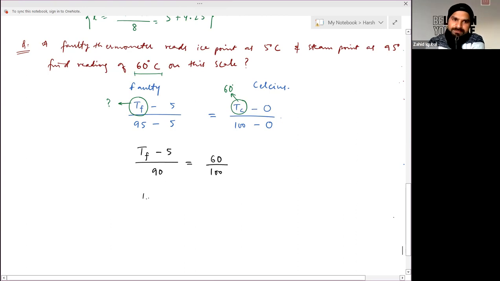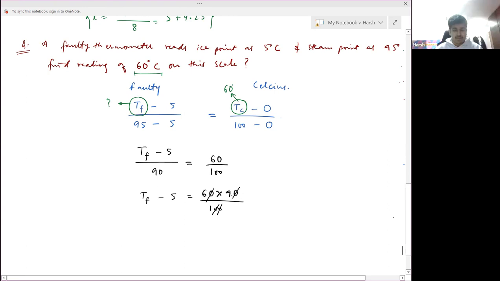So you may write temperature on faulty thermometer minus 5 equals 60 into 90 divided by 100. This part will cancel out with this. So 54. So the temperature on the faulty thermometer, which you have to calculate, move this 5 to the right side. So it will be 59. Good.